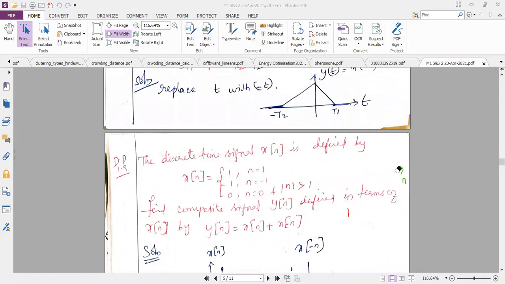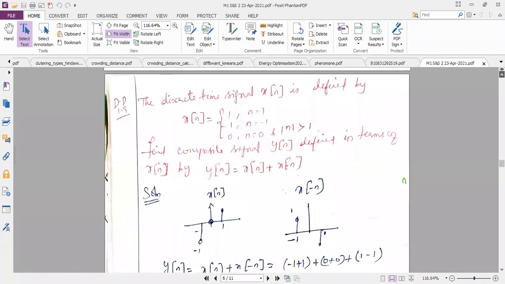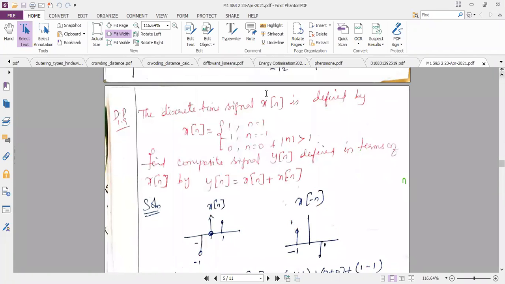Now I will show you the diagram in my notes. So now I will write the final answer. Y of n is equal to x of n plus x of -n.